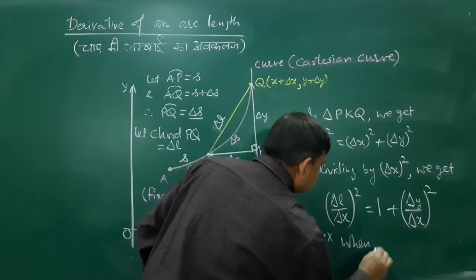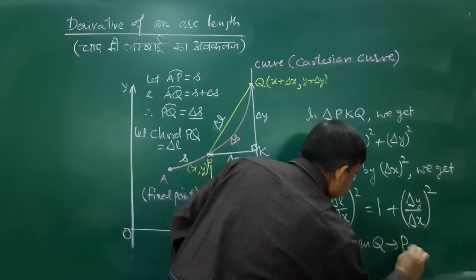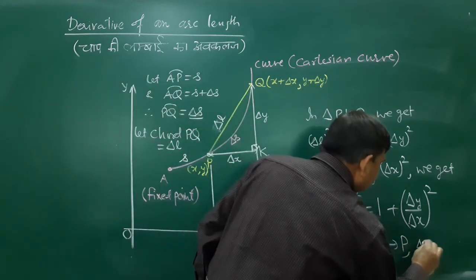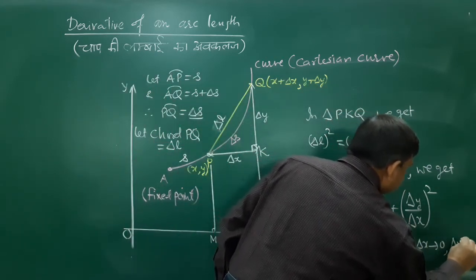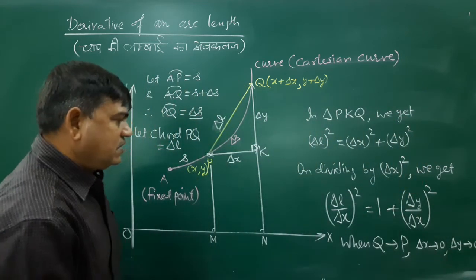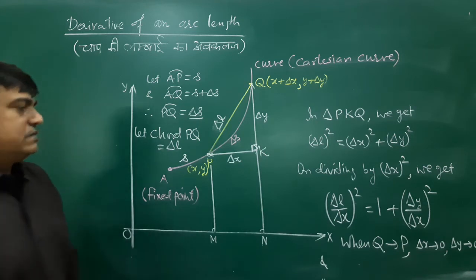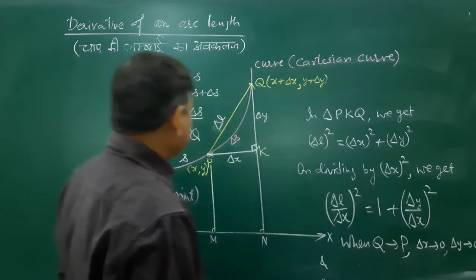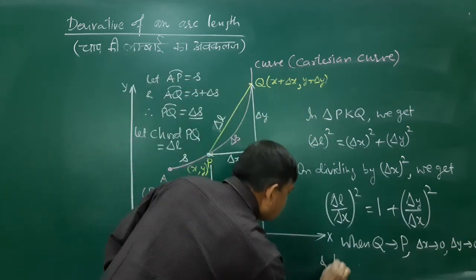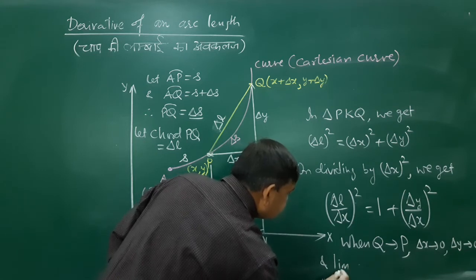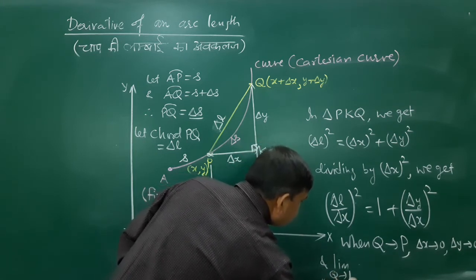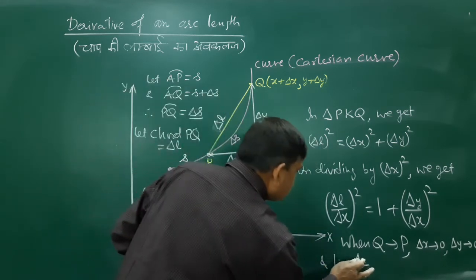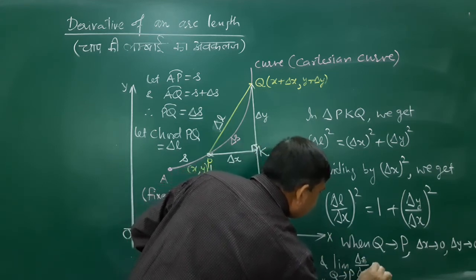When Q tends to P, delta x tends to 0, delta y tends to 0, and limit Q tends to P, delta s upon delta L is equal to 1.